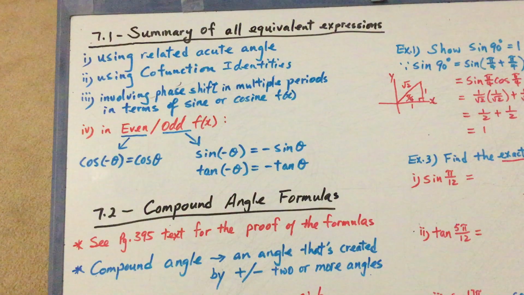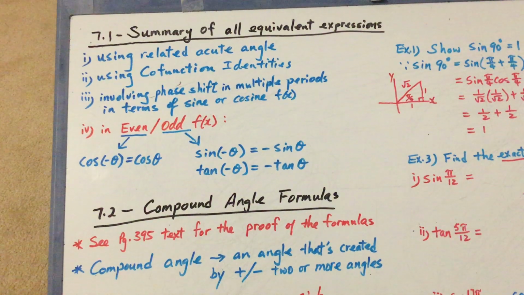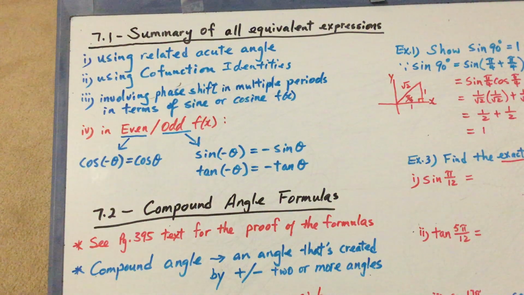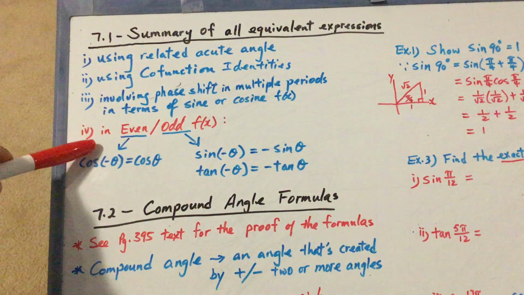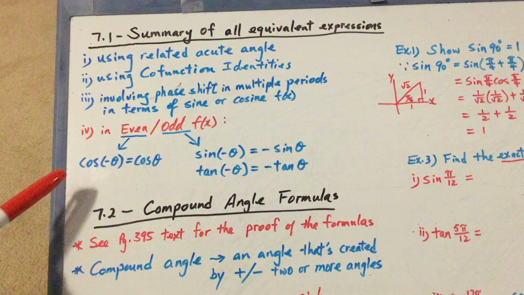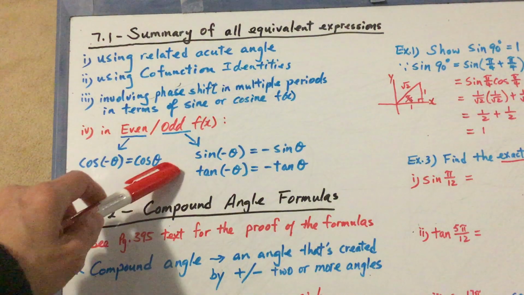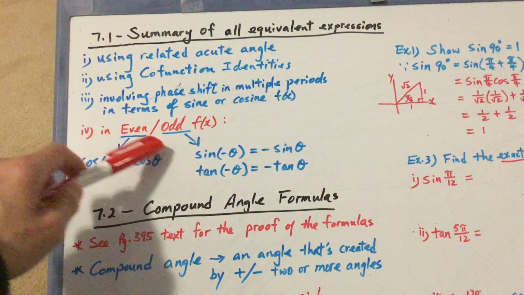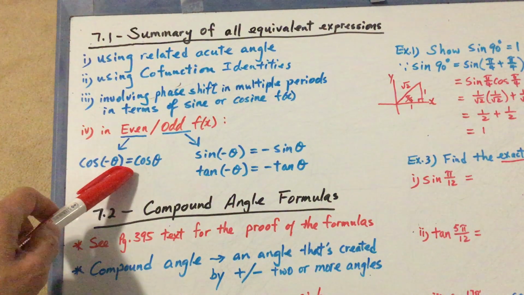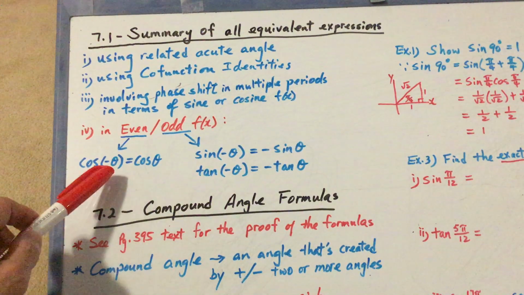There's also one last type that I did not do an example on, but I also want you to make notes of. When we are determining the even and odd functions, I just want you to memorize this. They are equivalent, such as the cos of negative theta is equal to cos theta.